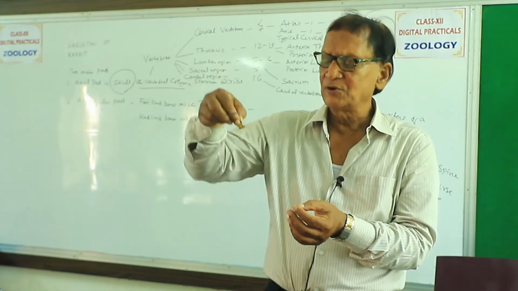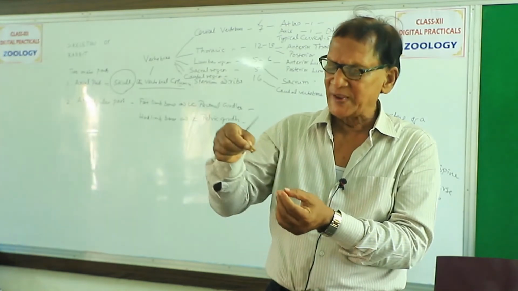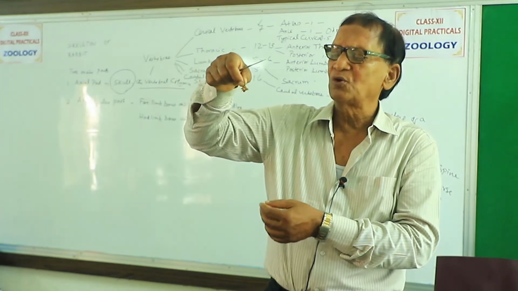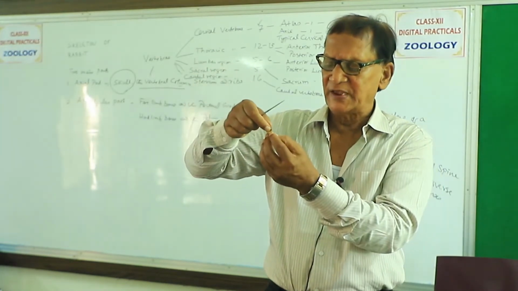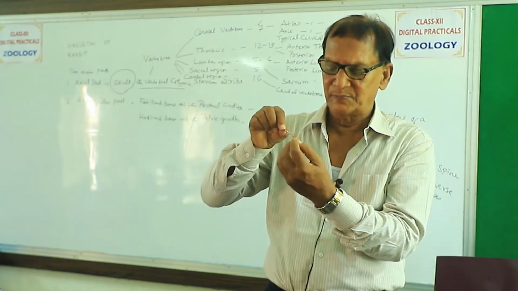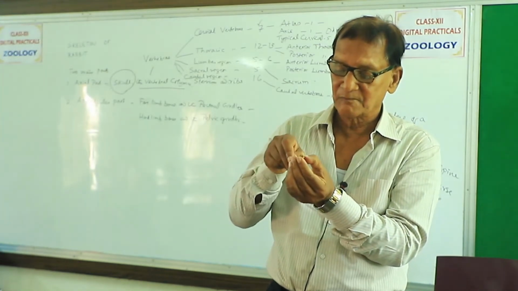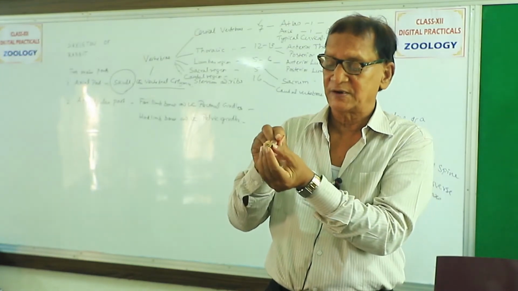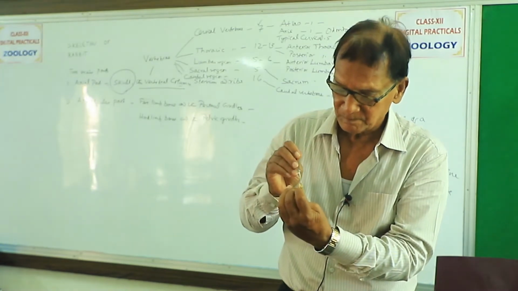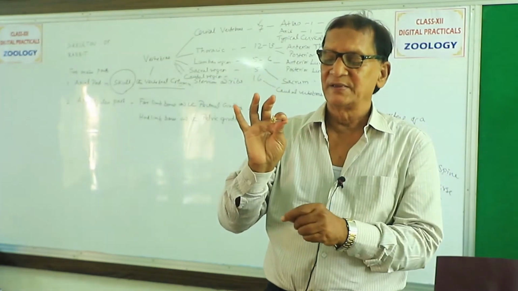Then this is the neural arch and neural spine. Of course, this is not a spinous projection. This is called a neural crest. On the other side, we have again the vertebrarterial canal, present one on each side.